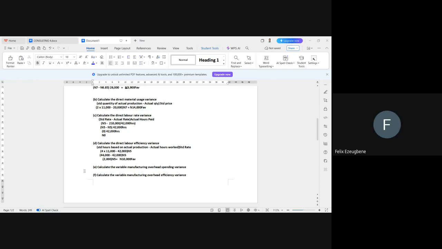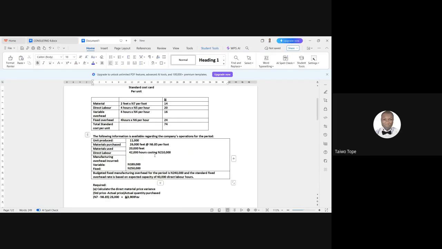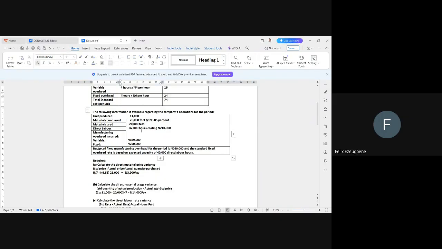Going by the question, the standard variable rate is 4. The actual variable rate is not given directly, so you use 189,000 divided by 42,000 hours. That will give you 4.5. Then our actual hours is 42,000 hours.